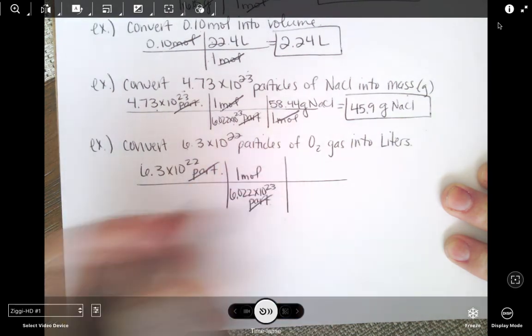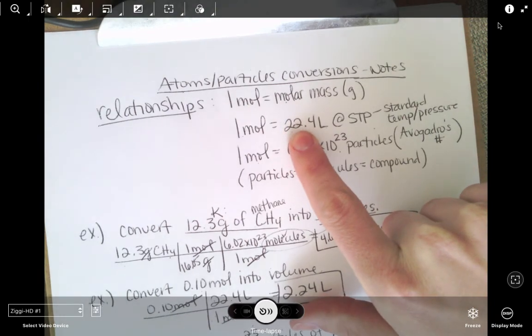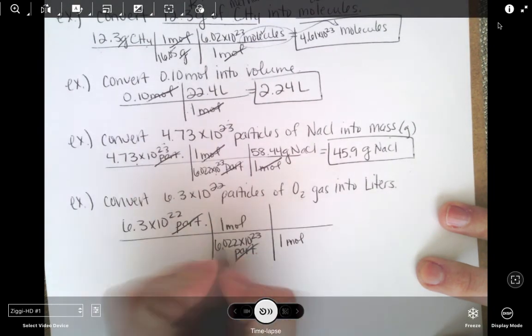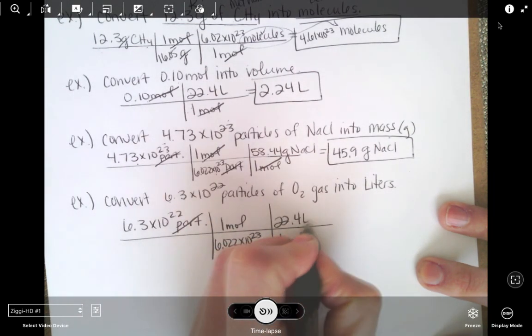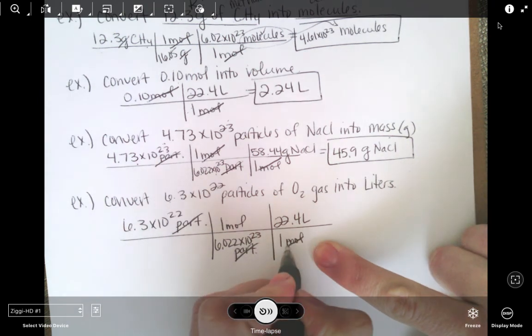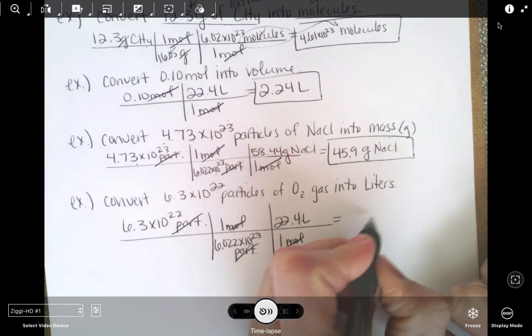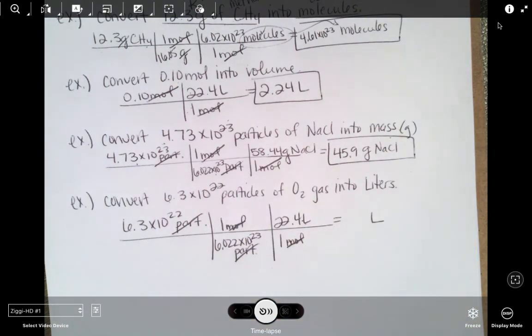Now that I'm in the mole, I can go to volume. Well, I know up here, given this relationship, is that 1 mole equals 22.4 liters. So I know that 1 mole down here equals 22.4 liters. This unit has to go down here because it needed to cancel out up there. You stop when you reach the units that you're looking for, which is liters, and then you calculate it.